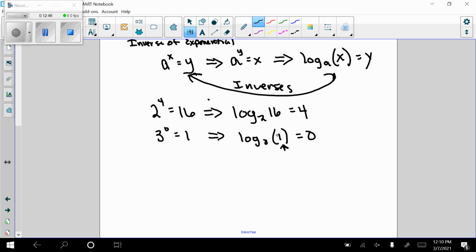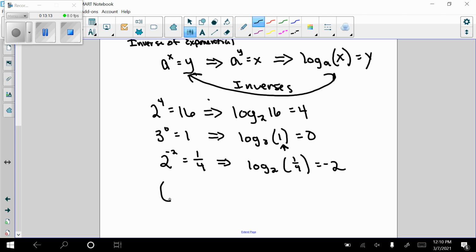Anytime you have a 1 there in the parentheses, that's called the argument. When you evaluate that logarithm, you should always get 0. If you want to do a negative, 2 to the negative 2 is equal to 1/4, which we should know. And I have log base 2 of 1/4 equals -2.